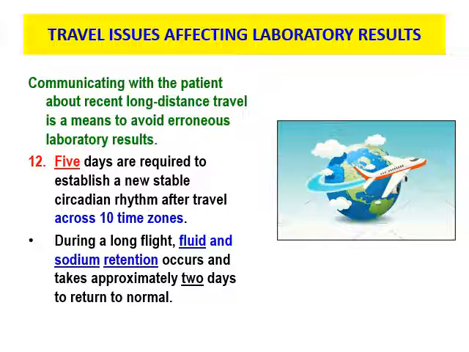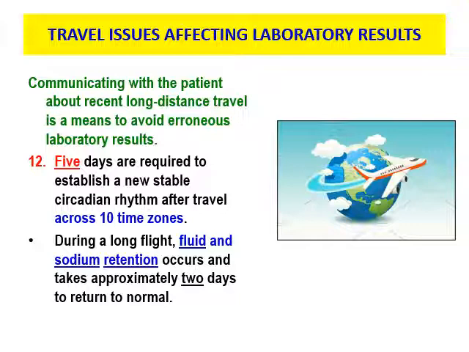You want to avoid just erroneous results. These are results that are coming from the fact that they did this isolated thing, whether it was flying to Japan or Australia, or whether they were running a marathon or doing an Ironman. This is something that people don't do every day.